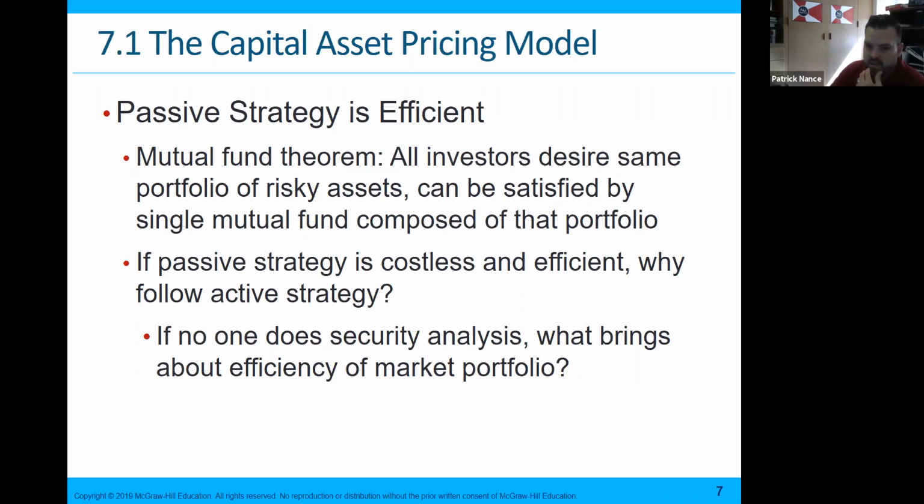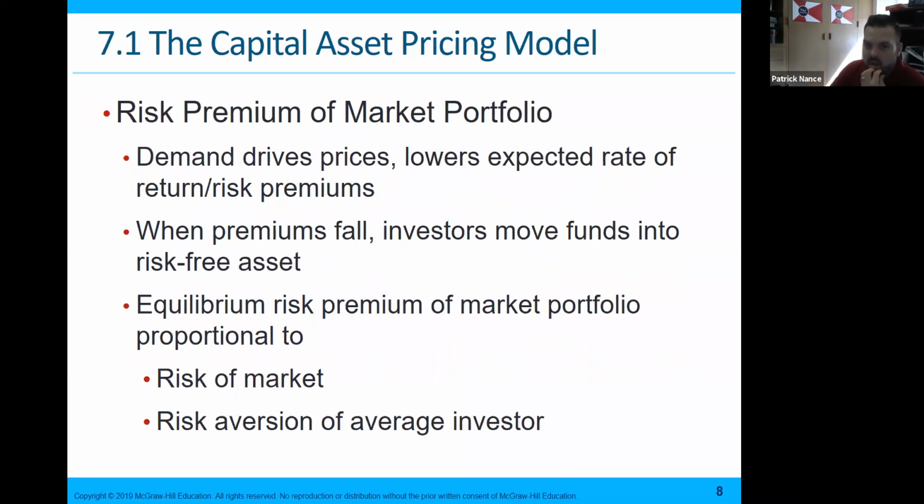So if no one does security analysis, what brings about the efficiency of that market portfolio? The risk premium of the market portfolio. Demand drives prices and lowers the expected rate of return premiums. So demand is where the prices come from: people offering to buy something, rather than the supply of something.